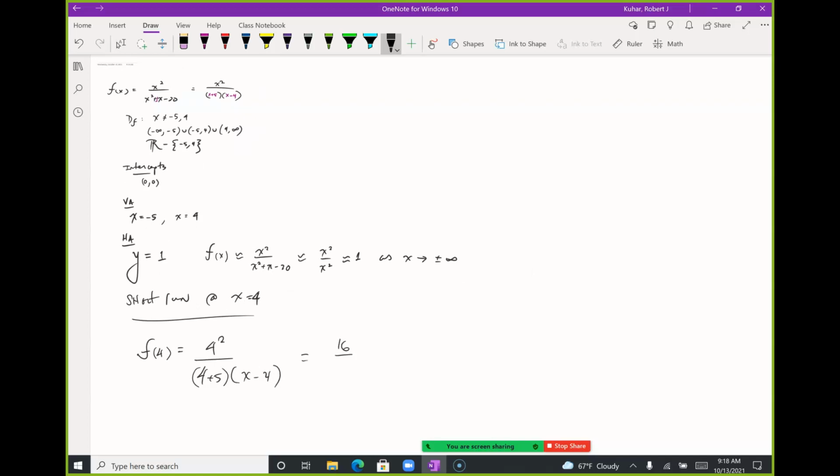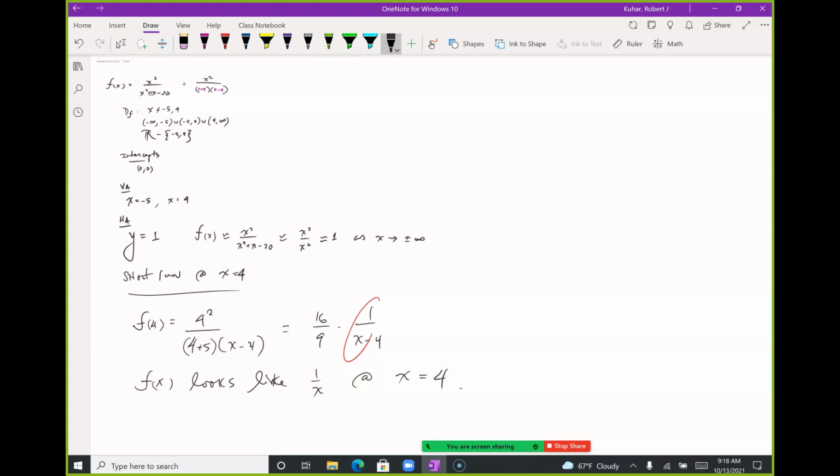So 16 over 9 times 1 over x minus 4. So I can see the mother function, right? So f of x looks like 1 over x at x equals 4. That's my short run behavior.